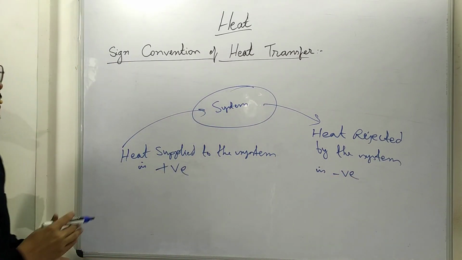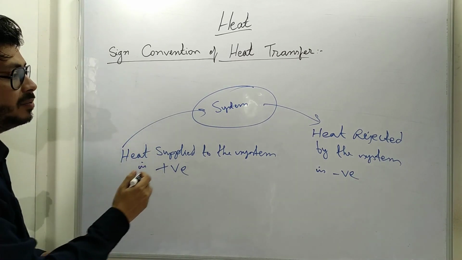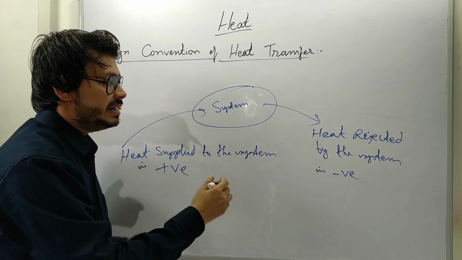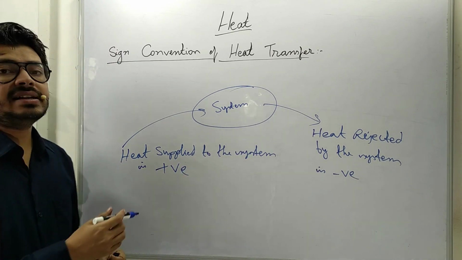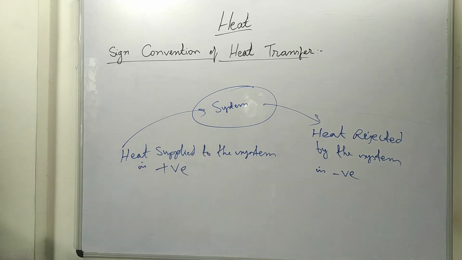So when there is addition of heat or heat supplied to the system, then it is considered positive, and when there is a rejection of heat, that is heat is removed from the system, then it is considered negative. This is the sign convention used in heat transfer.